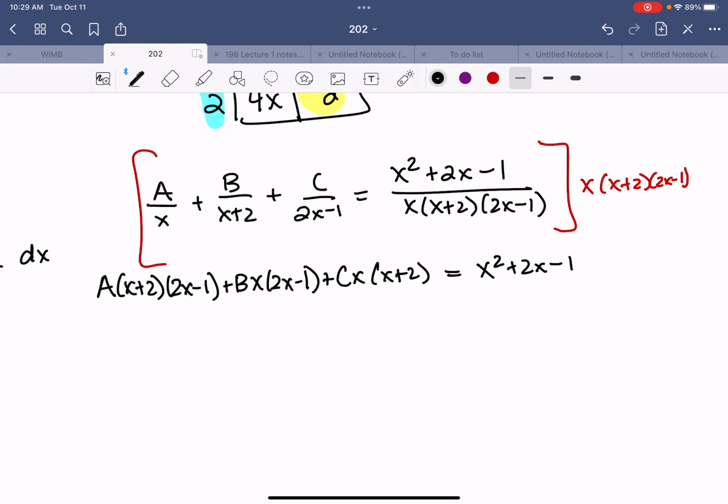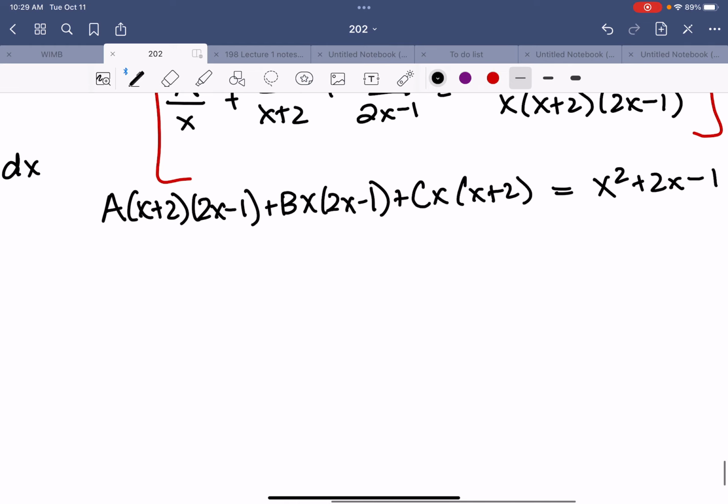Now I'm trying to solve for A, B, and C. So let me show you the long way, and then I'll show you a shortcut. The long way is we've got to multiply all this out and equate our coefficients. So this becomes 2ax squared.